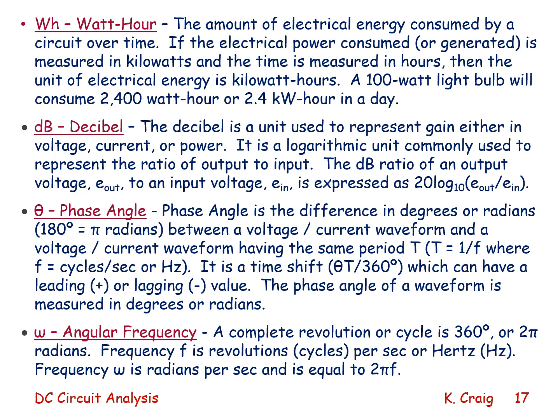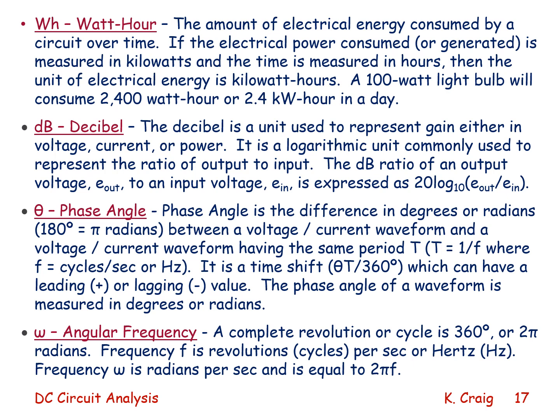The phase angle is a time shift given by theta in degrees times the period t in seconds divided by 360 degrees. And the time shift can have a leading plus or lagging minus value. The phase angle of a waveform is measured in degrees or radians.